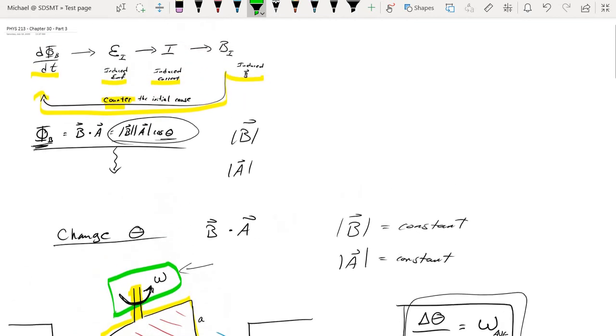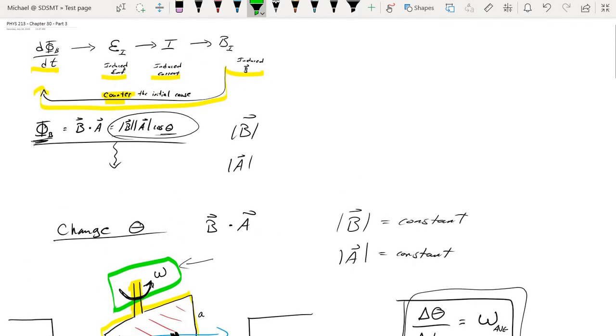Well, at the end of the day, the final effect is going to have to counter what you are doing to the system. And this is the primary reason why perpetual motion machines don't work.